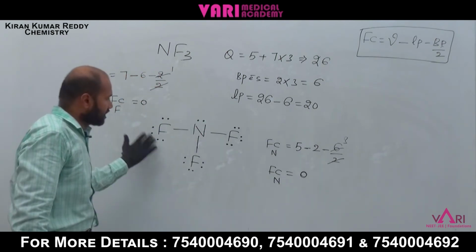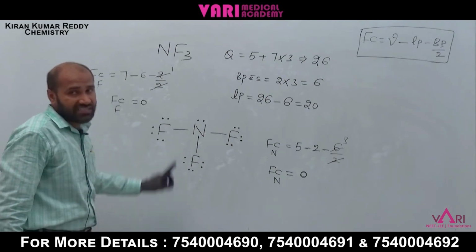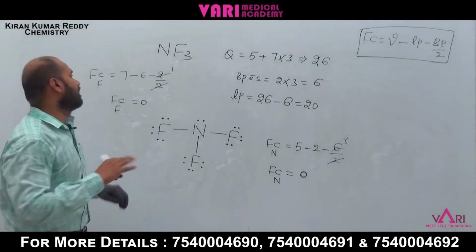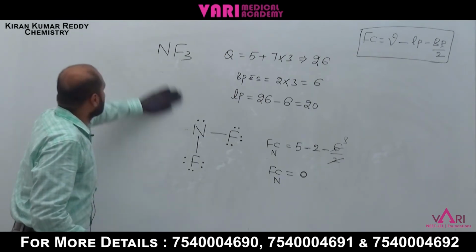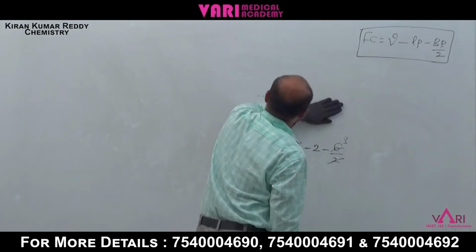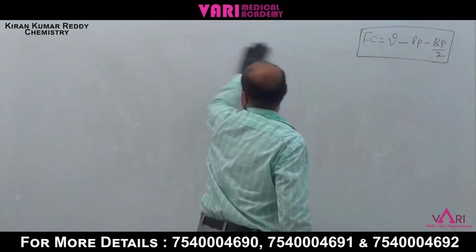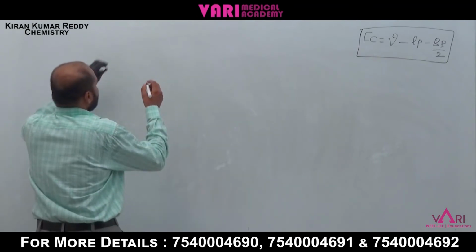I already explained that the formal charge is 0. This is the Lewis dot structure of NF3. Next we can take HNO3 as an example. How to write the HNO3 structure? Simple, I am writing it, no calculation. Here is HNO3.